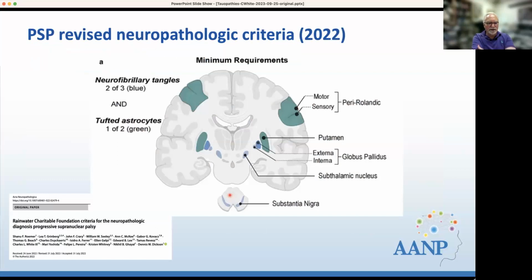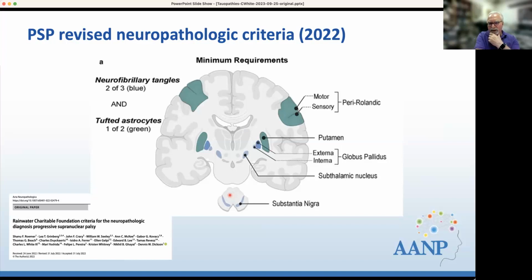So in 2022, the Rainwater Charitable Foundation funded an effort to develop revised neuropathologic criteria that were, number one, simplified, number two, had higher inter-rater reliability, and number three, took into account the immunohistochemistry of PSP, including the important tufted astrocytes that form part of the neuropathology of this disorder.